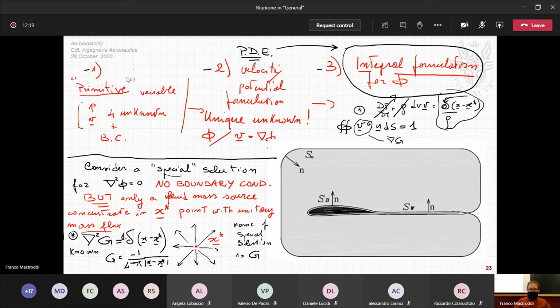Just let me make a point. The solution in terms of velocity potential in 3D is this here. In the case you have a 2D flow, you cannot imagine a 2D case as just a subdomain of the 3D one.